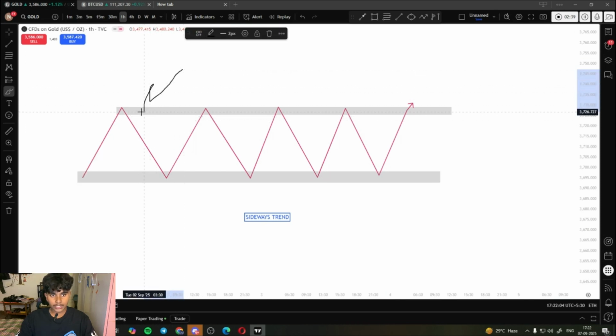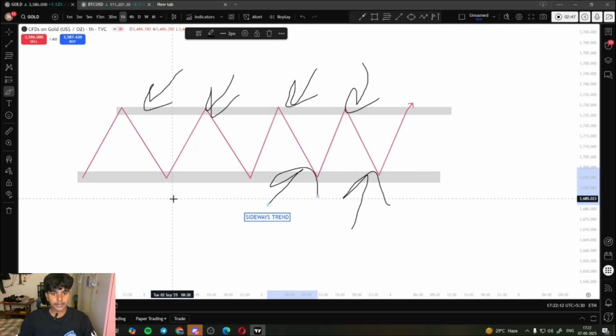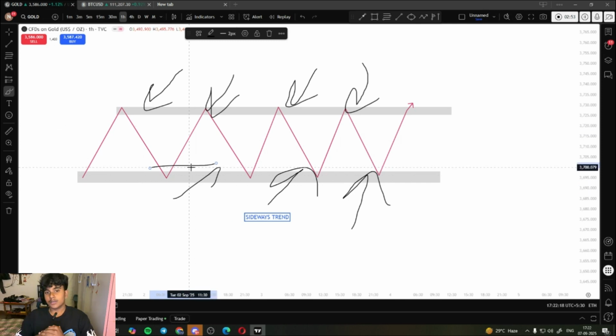And now we're going to look at a sideways market, in which the market is going sideways and cannot break above. Sellers are in control, sellers are selling, buyers are buying. So selling pressure and buying pressure are equal. If 10,000 sellers are trying to sell and 10,000 buyers want to buy, the market goes sideways.